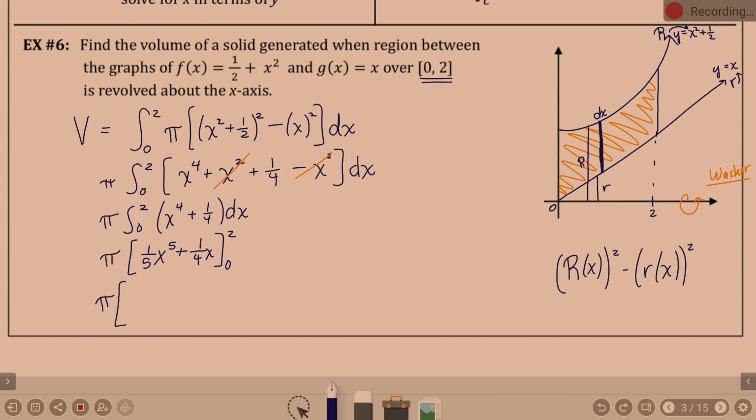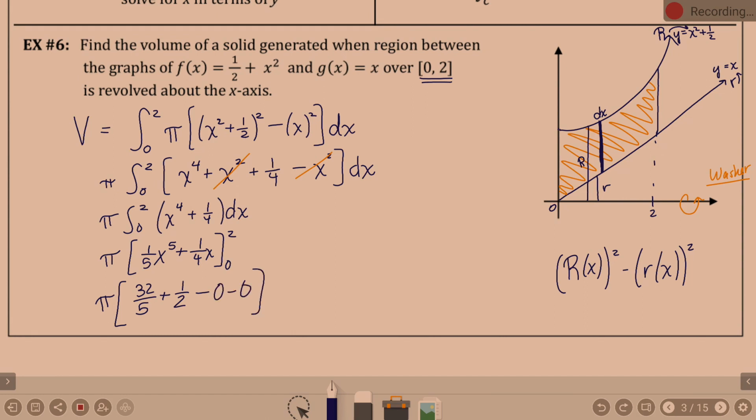If I put in 2, 2 to the 5th is 32, divided by 5, 32 fifths. Plus 1/4 times 2, 1/2. That's putting in 2. Minus 0 plus 0, yes?